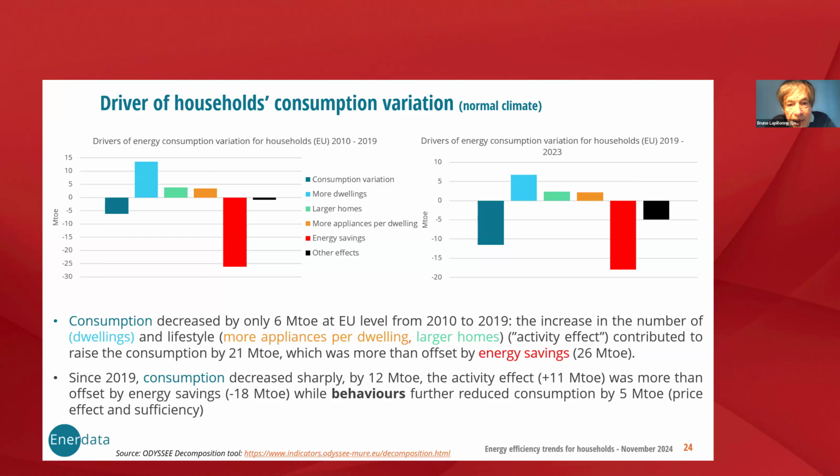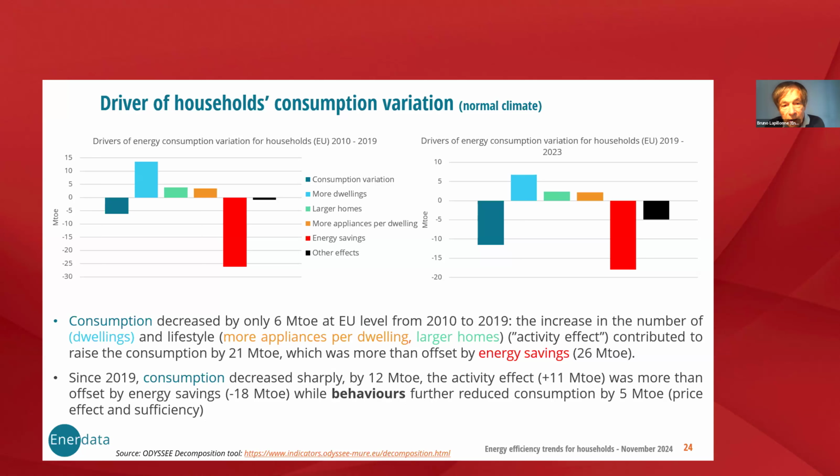Since 2019, the consumption decreased sharply by 12 million ton oil equivalent. The activity effect, so the combination of lifestyle, number of dwellings, and so on, contributed to increase the consumption by 11 MTOE.